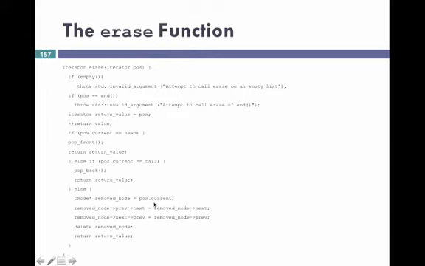And similarly here, if the remove node points back to an item, then we assign that to the next item in the list should point back to that as well to eliminate the current node. We delete this remove node and we return the return value, which should be the new iterator, which was the original iterator advanced once.